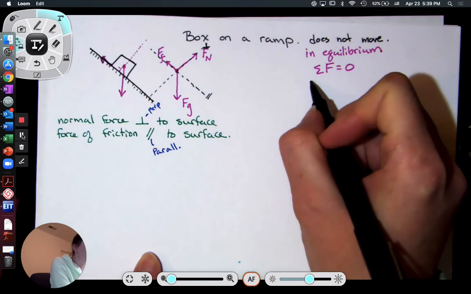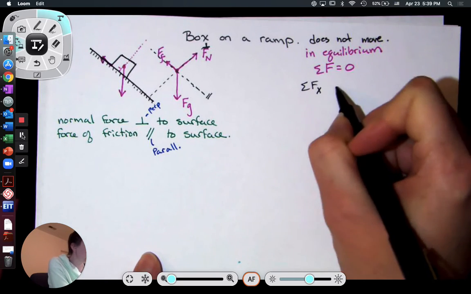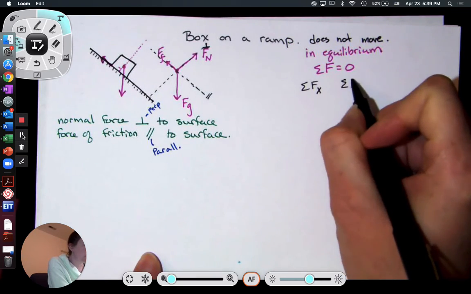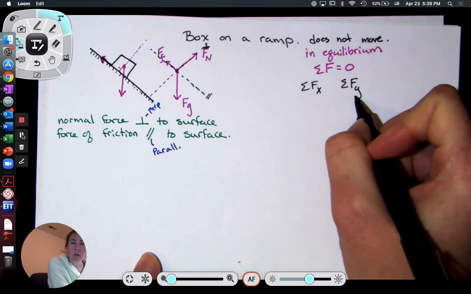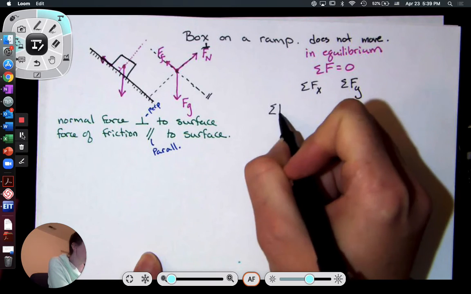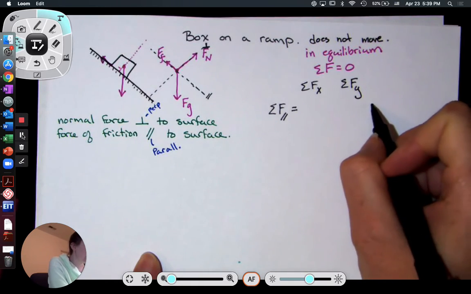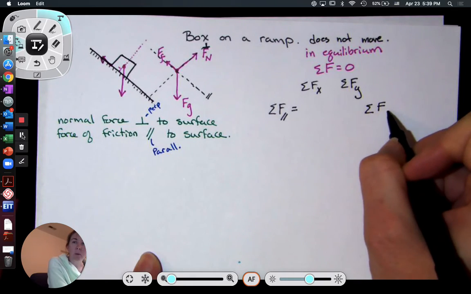So while we could sum our forces in the x direction and in the y direction, instead of saying x, we can now sum the forces that are parallel to the ramp, and then sum our forces that are perpendicular to the ramp.